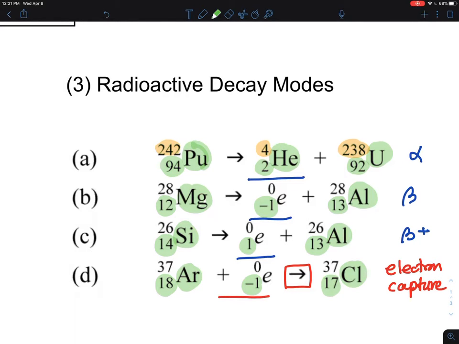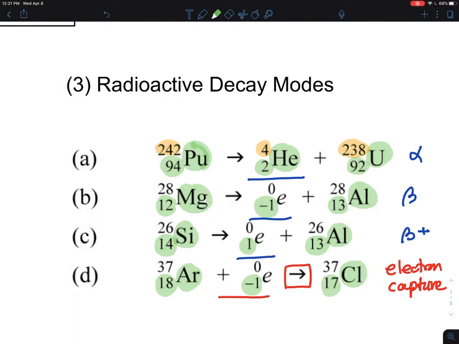Now you start to wonder why some nuclei like to do it this way. Something actually likes to lose the electron. In these cases, you are increasing the number of protons by beta ray emission, and in this one you are decreasing the number of protons by capturing the electron.